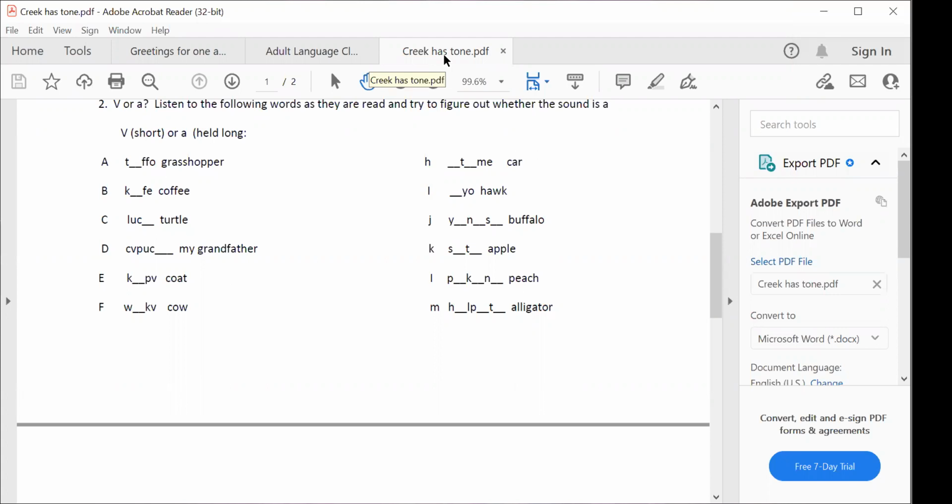Ayo. Ayo. That's an ah. I hear a long ah. Ayo. That's a hawk. Yanasa. Yanasa. Yanasa is a buffalo. See, there goes those sounds again right there. Those are those two-letter sounds. Yanasa is a buffalo. Sada.